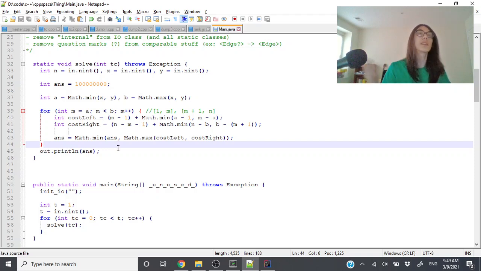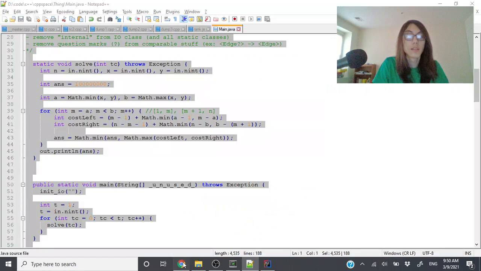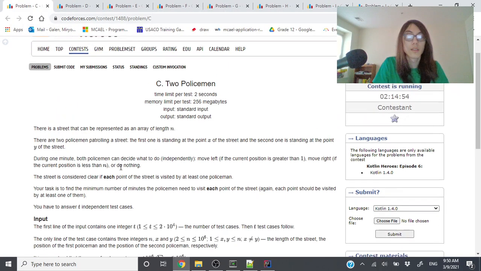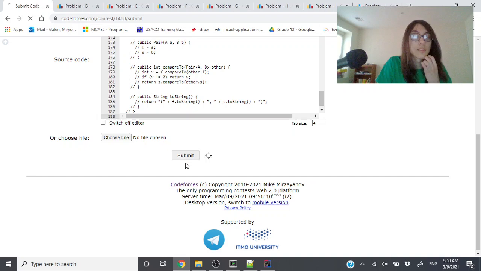So the interval's length is m minus m, but yeah, we subtract 1 because it's less than that. Everything else seems good. Yeah, okay. And of course it would be less than 2e6.